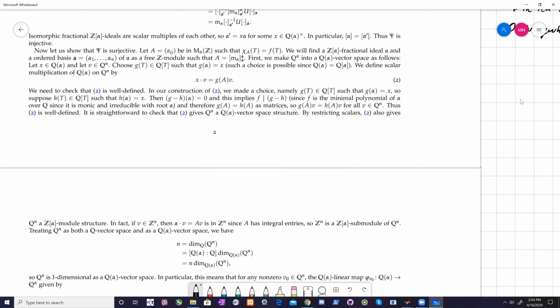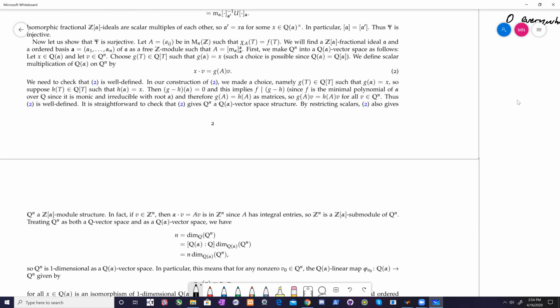Now we want to show that capital psi is surjective. So here we let A be a matrix in M_n(Z), and I'll tell you that its entries are of the form a sub ij, so these are integers. Suppose this matrix in M_n(Z) is such that the characteristic polynomial of A is equal to f(t).